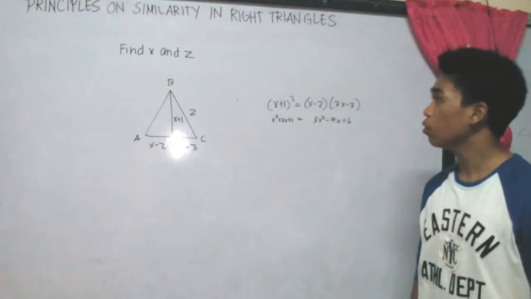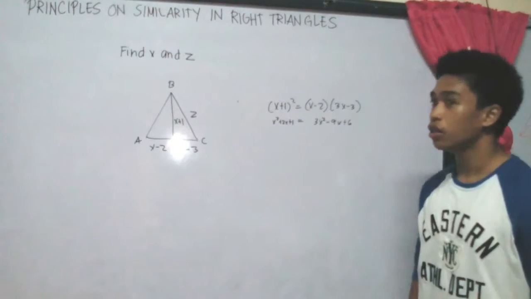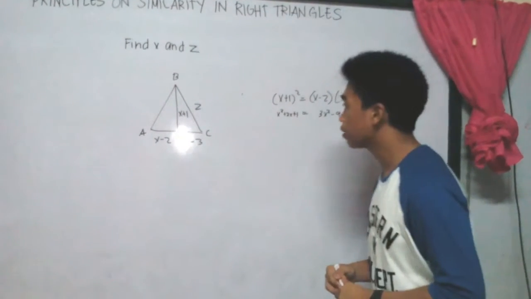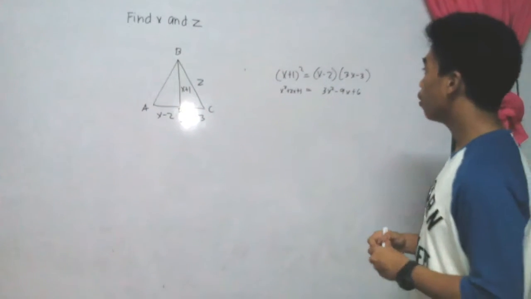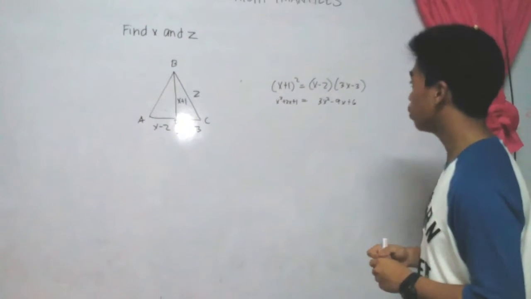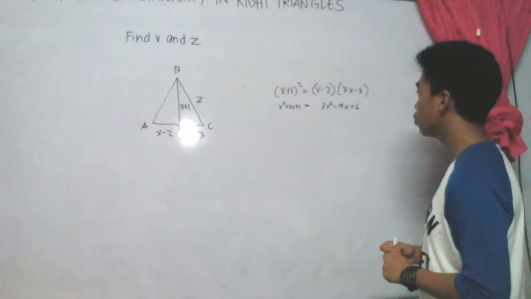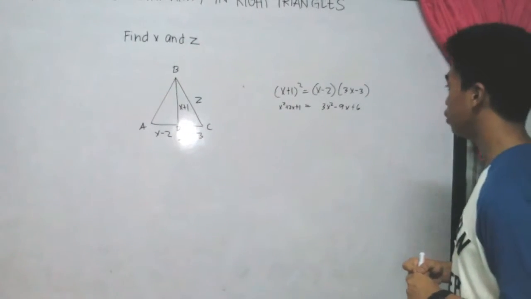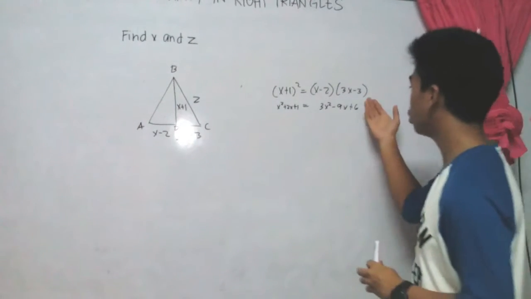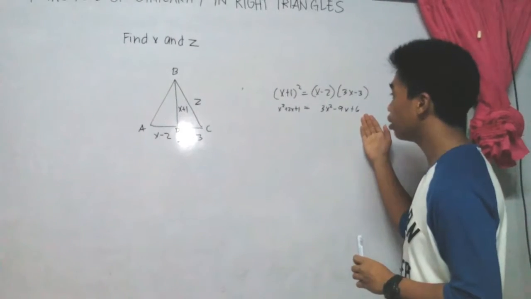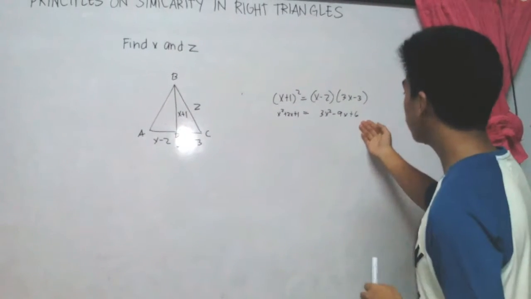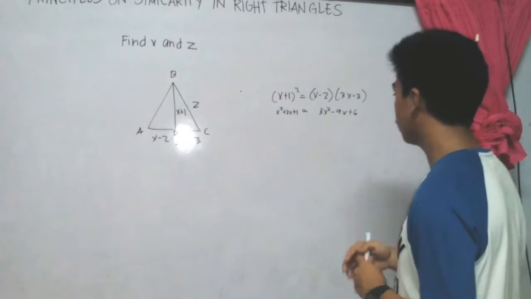In this problem, we need to find x and z. In order to find x, we can use the equation x plus 1 squared equals x minus 2 times 3x minus 3. Simplifying this equation will result in x squared plus 2x plus 1 equals 3x squared minus 9x plus 6.